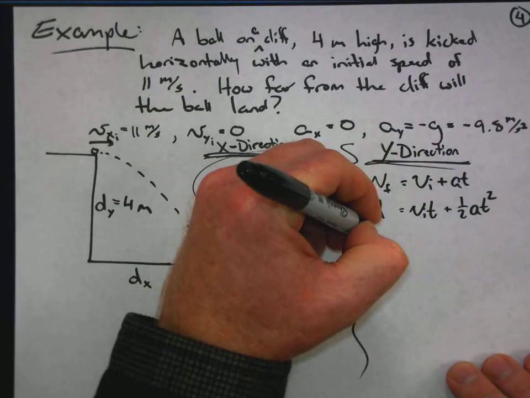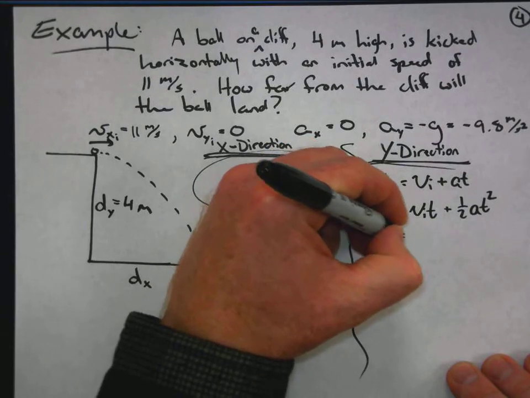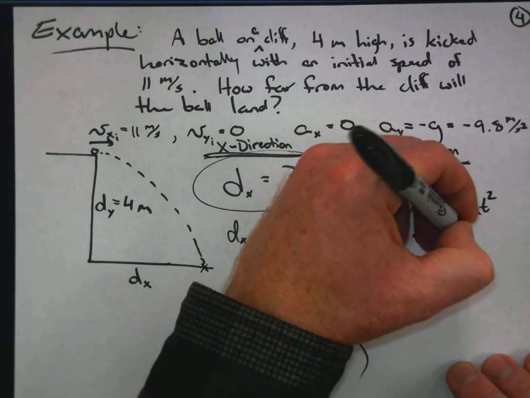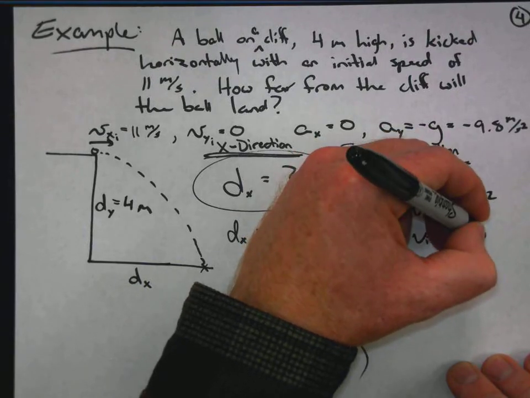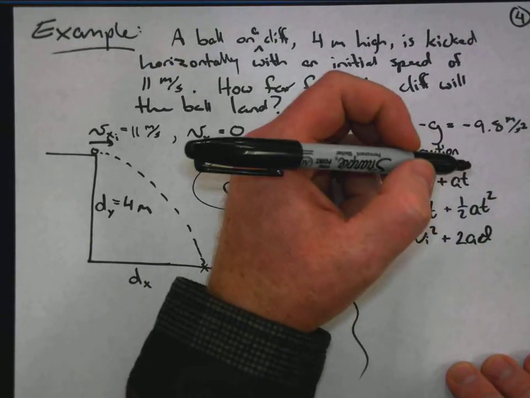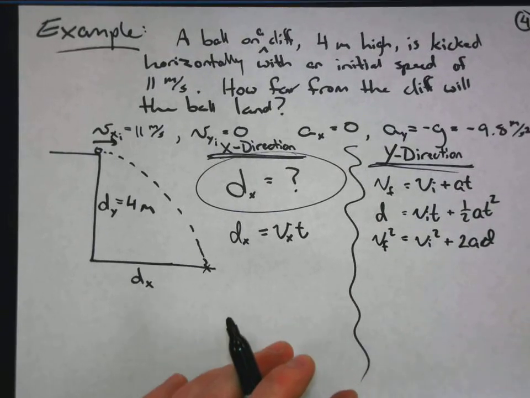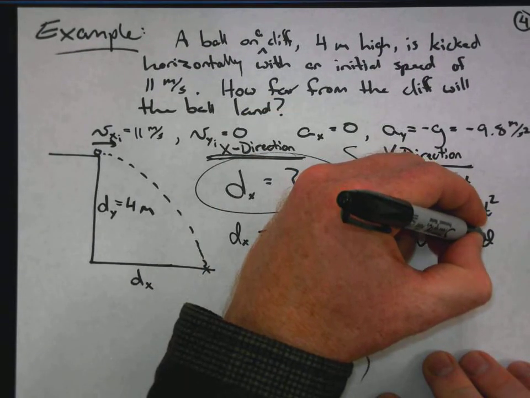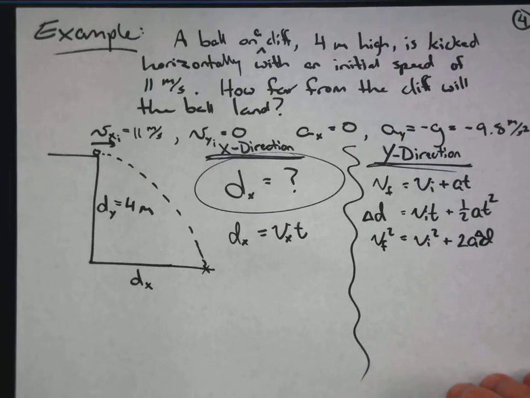And another one is final velocity squared is equal to initial velocity squared plus 2 times acceleration times displacement. I usually would write it delta, right? Delta right there. Okay. So I've got these equations to pick from.